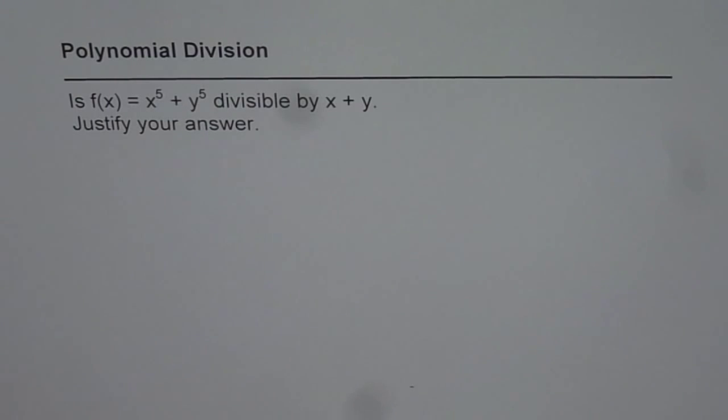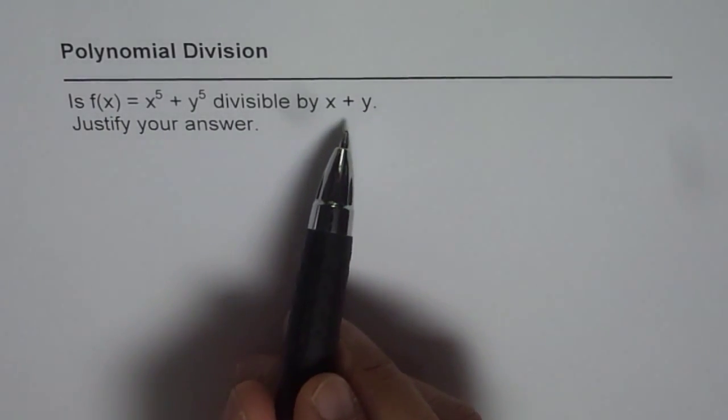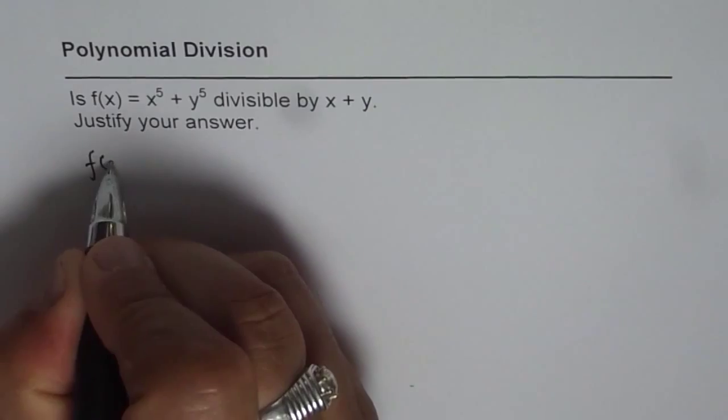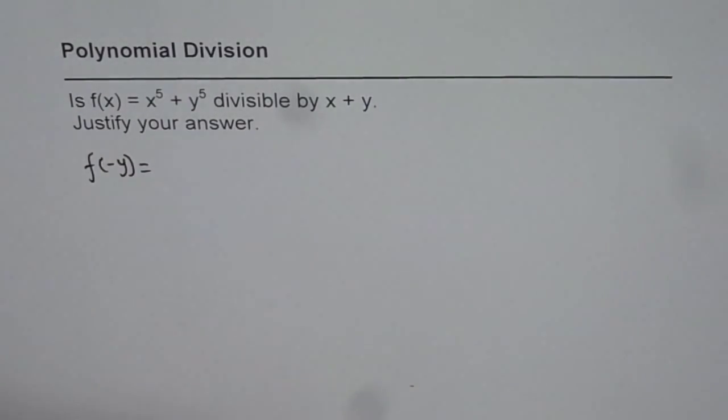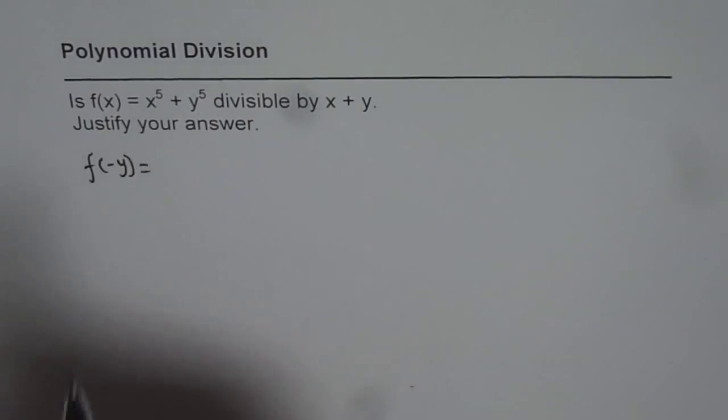Those of you who know the remainder theorem, we can justify this with the help of the remainder theorem, right? Which says the function is divisible by x plus y if f of minus y is 0. So if I substitute minus y instead of x, what do I get?